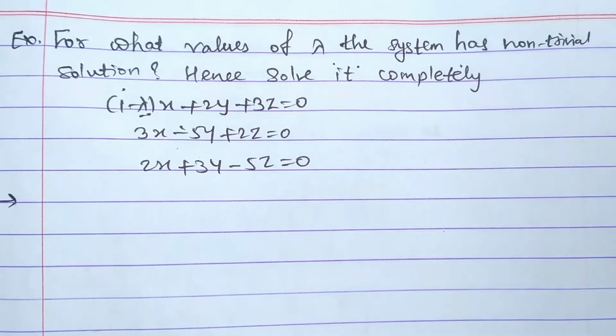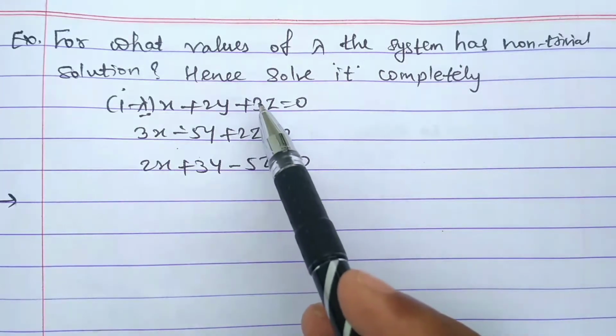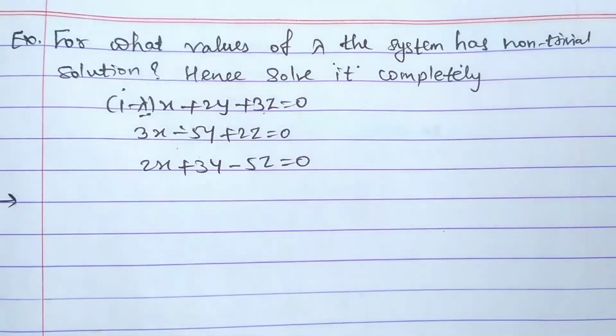To find this, we use the determinant concept, because this is a 3 by 3 system, that means 3 equations and 3 unknowns, and we know that if the determinant of A equals 0, then the system has a non-trivial solution.